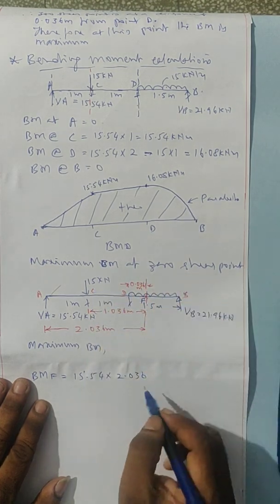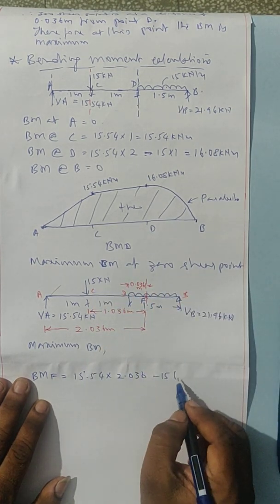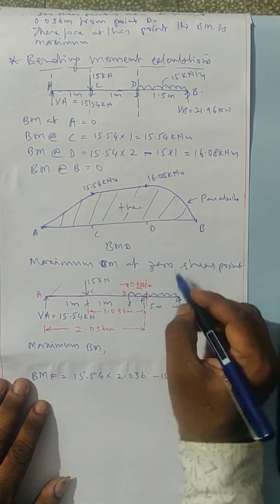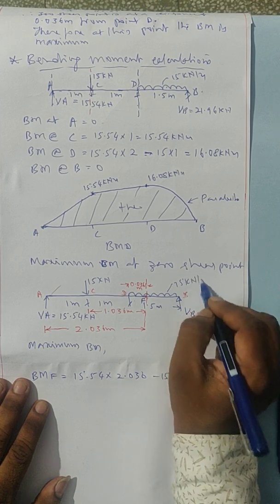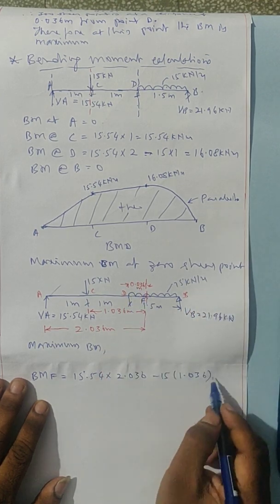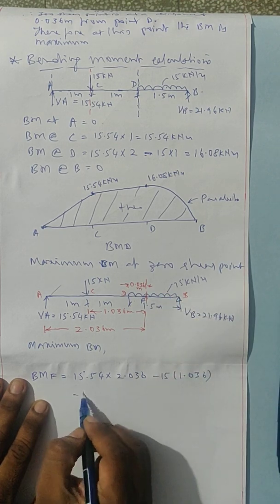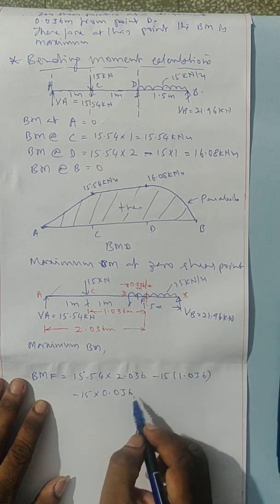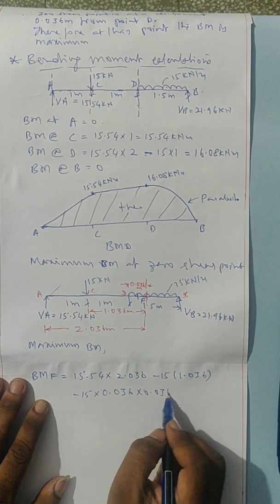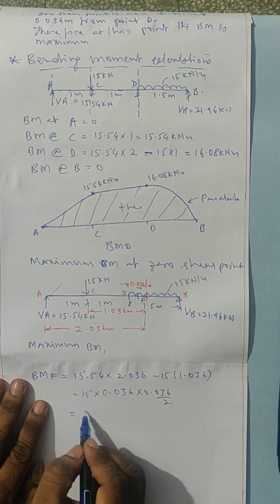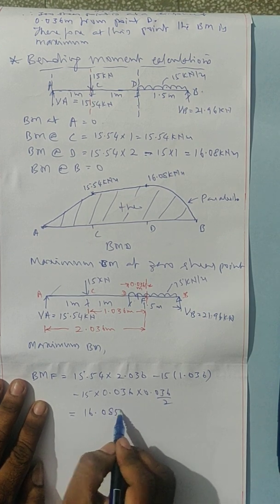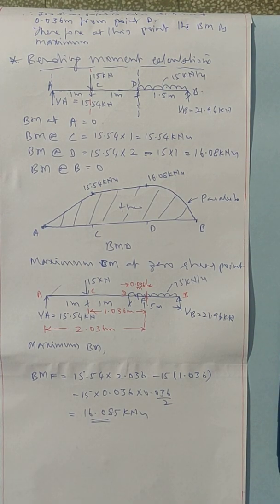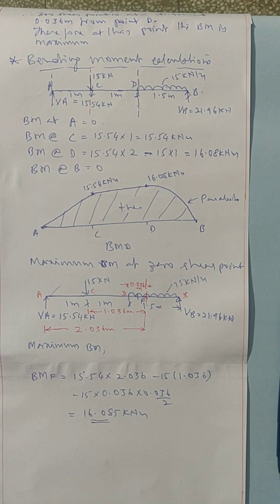This will create anti-clockwise about this, minus 15 into 1.036. Next this UDL, the intensity is 15 kilonewton per meter, it also creates anti-clockwise, therefore minus 15 into 0.036 into half of this, into 0.036 by 2. It comes nearly 16.085 kilonewton meter. Thus we calculated the maximum bending moment and the bending moment and shear force diagrams.